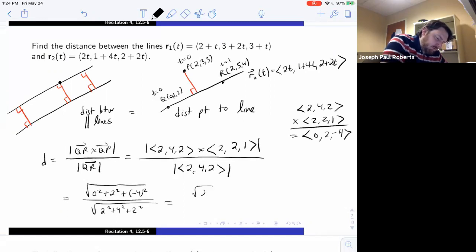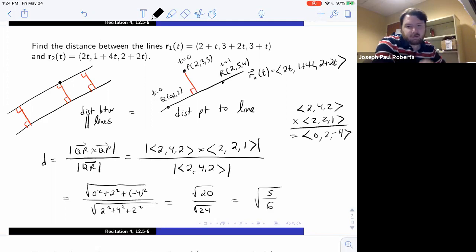And so what is that? Square root of 20 over square root of 24, which I suppose you could simplify some, is what? The square root of 5/6. But that's not so important. But yeah, there we go. Okay.